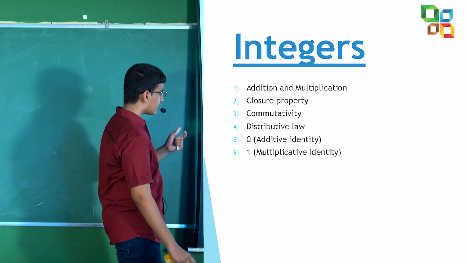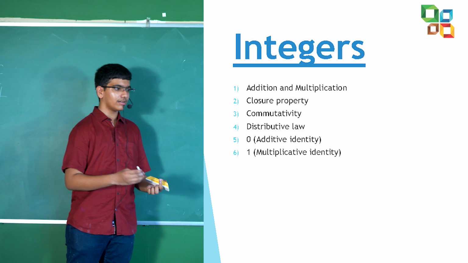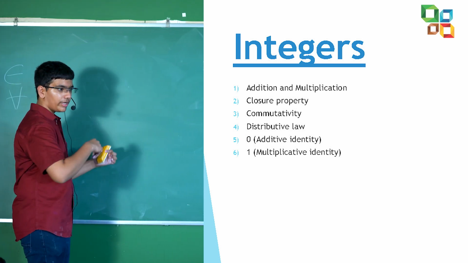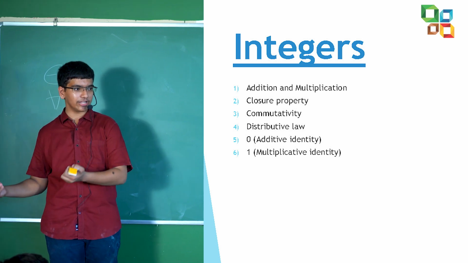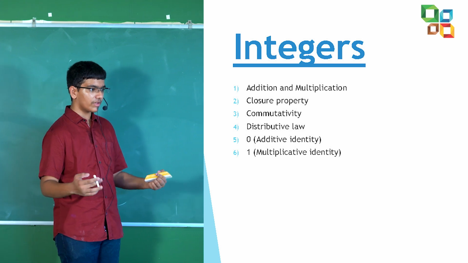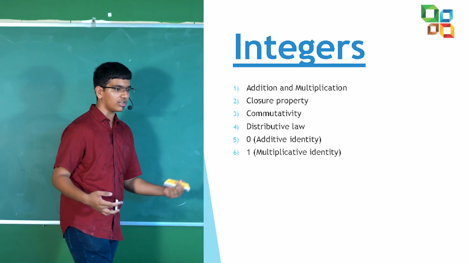Then we have something called commutativity, which basically means the order of operations does not matter. If you do 2 times 3, it's the same as 3 times 2. All of this may seem obvious, but we'll look at examples further on where this is not true.